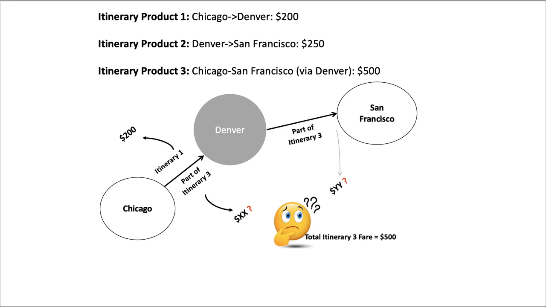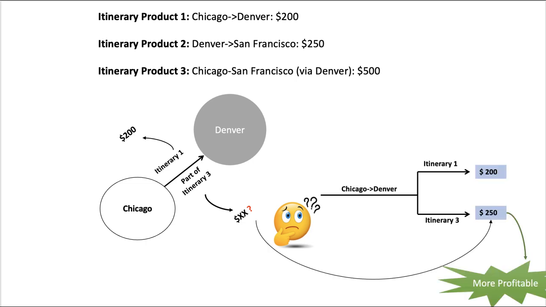Let's assume that in this case the price of leg Chicago to Denver, which is part of the itinerary Chicago to San Francisco, is $250. This means we have two fare classes for the leg Chicago to Denver. First, the price that is part of the first itinerary, Chicago to Denver, which is $200, and second, the price of the same Chicago to Denver leg that is part of the third itinerary, Chicago to San Francisco, which is $250.